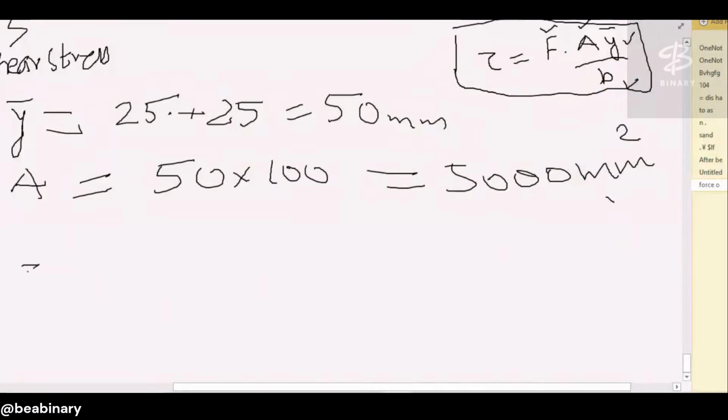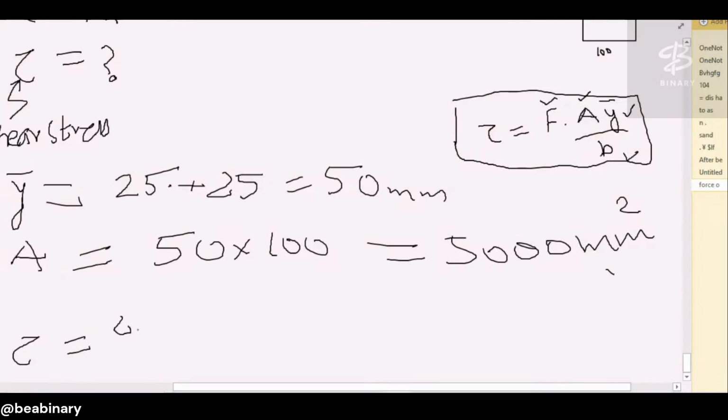Now put in this formula, shear stress is equals to F is 4500 into area is 5000 into y bar is 50 divided by b.